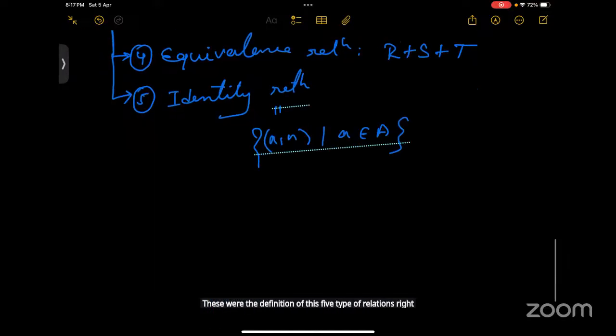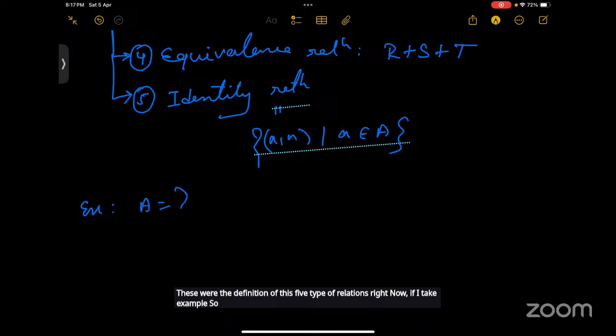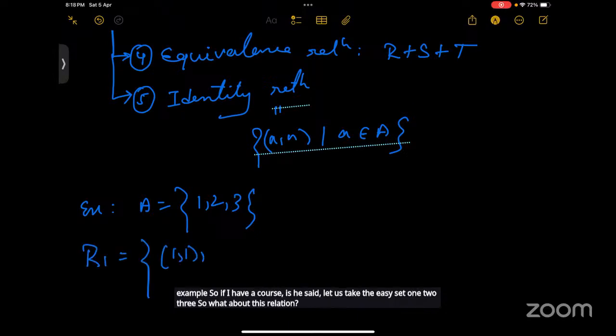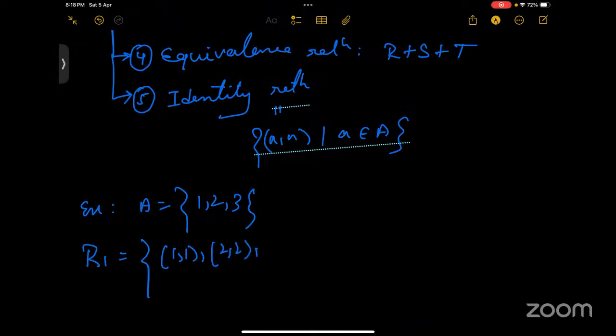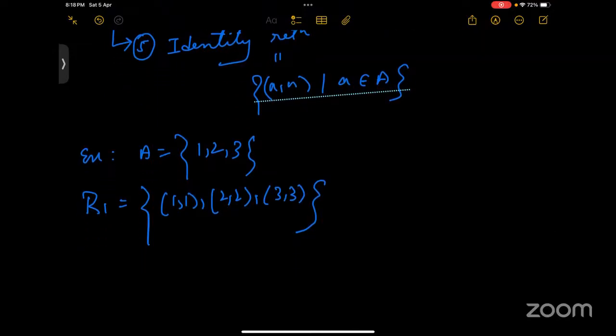Now, if I check an example, so if I have A equals an easy set, let us take the easy set 1, 2, 3. So what about this relation? Identity. Reflexive and identity.